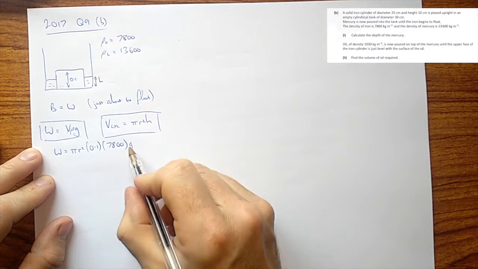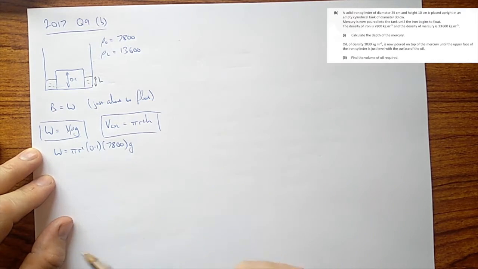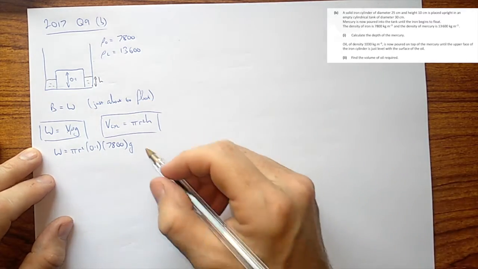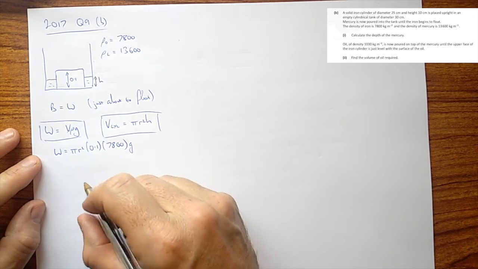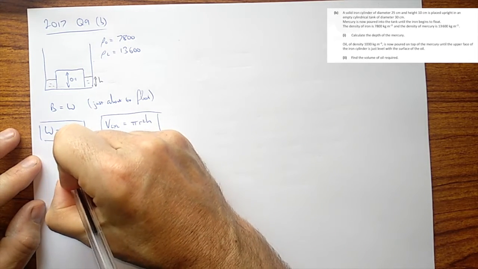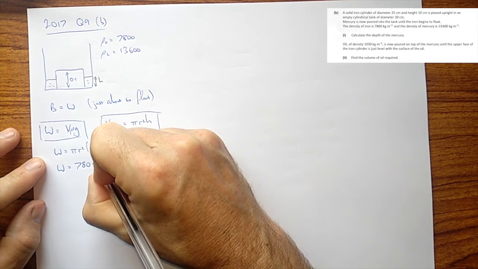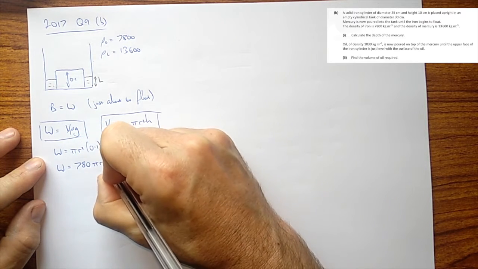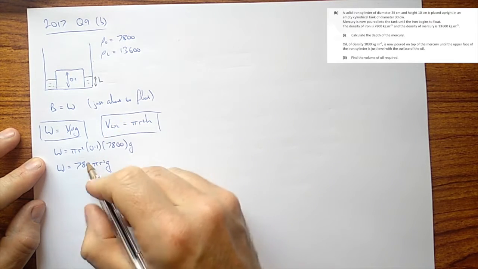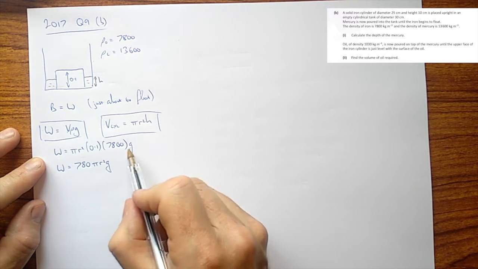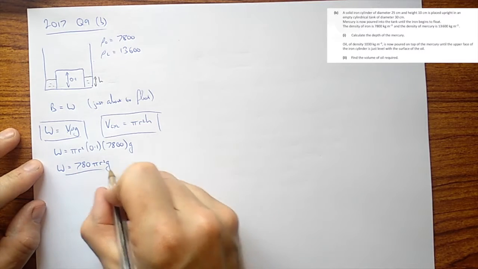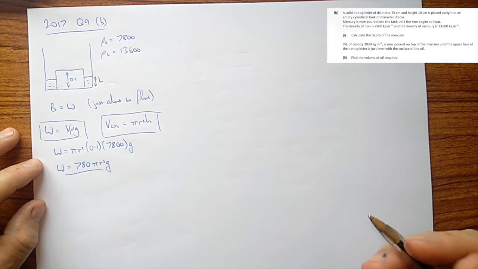And again, I'm going to leave g as g because I'm going to get an expression for g in the buoyancy as well. So no point in making our life too hard. And so the weight equals 780 pi r squared g. Perfect. Do a little double check. And that's one expression. So that one wasn't too bad.